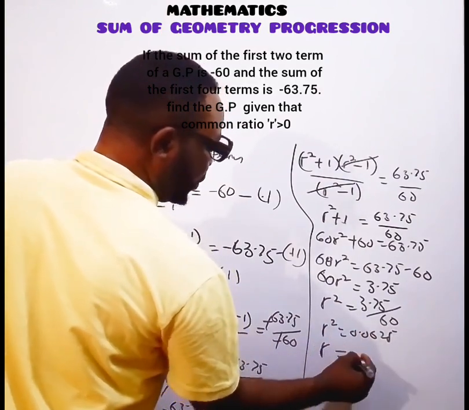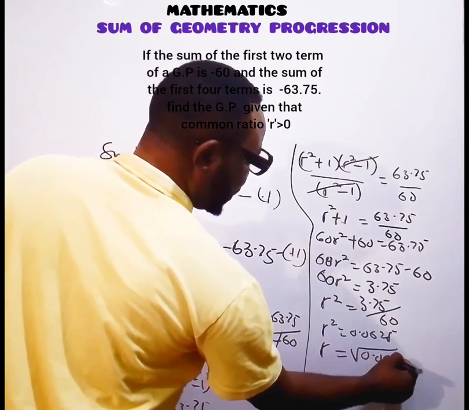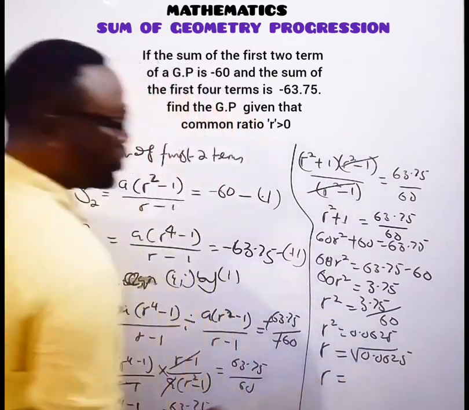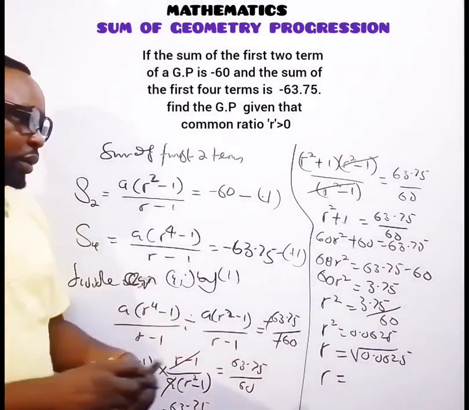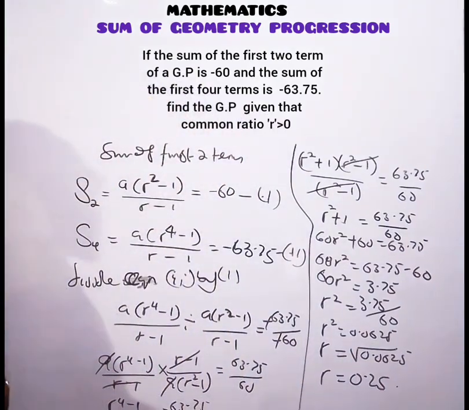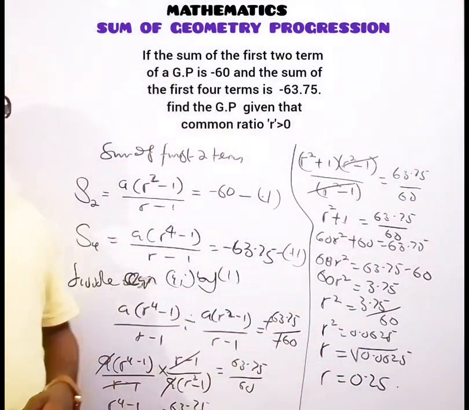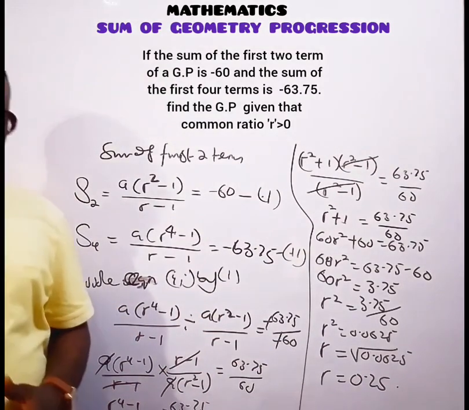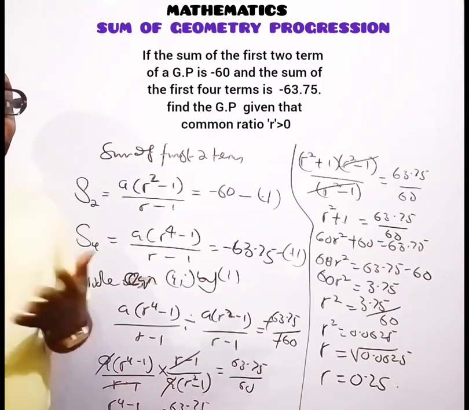Where r will now be equal to the square root of 0.0625. When you find the square root of this value, you get 0.25. Now, that is the value of r. Now we need to find the value of our first term.